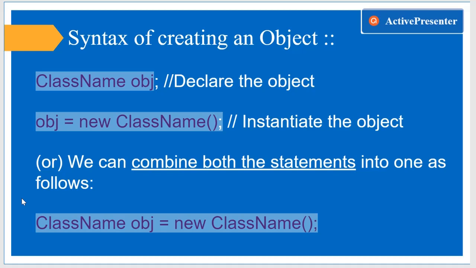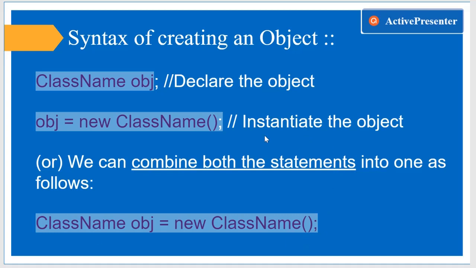Before that, let's know the syntax of the object. How do we create an object? We can declare the object using ClassName object; then object = new ClassName().